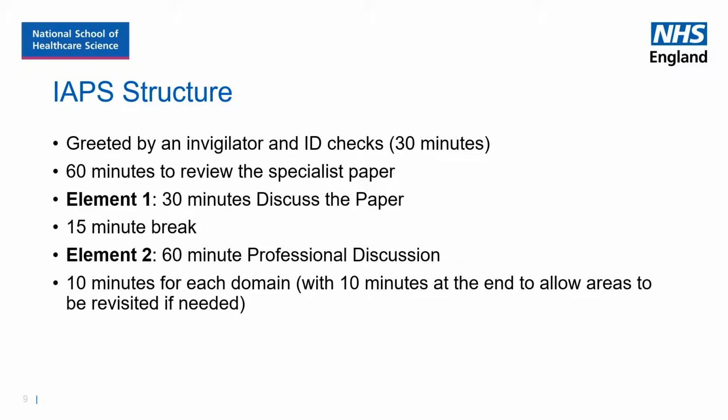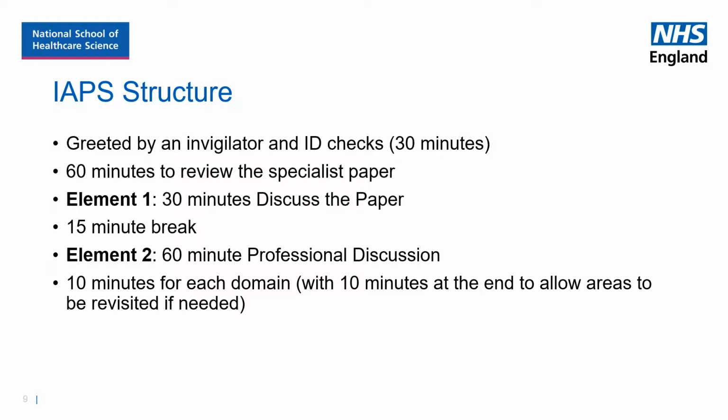This is a brief run-through of how the IAPS assessment runs on the day. After the ID checks with the invigilator, the candidate will begin a 60-minute preparation period during which they will read a paper from their HSST specialty. This is followed by a 30-minute discussion around the paper. There will then be a 15-minute break.